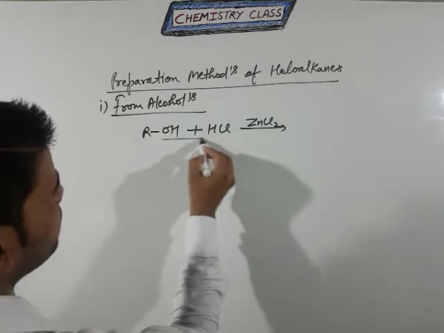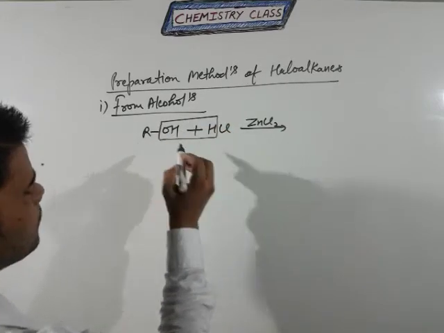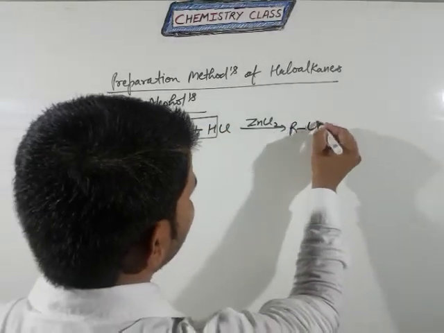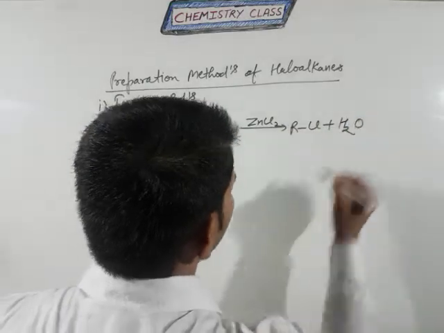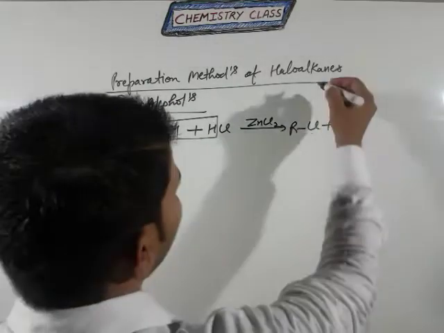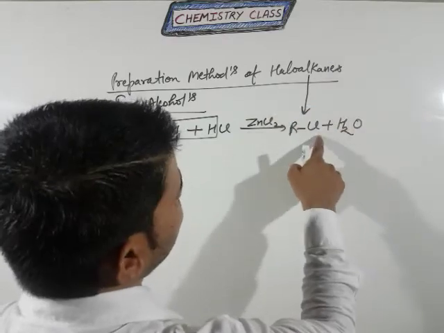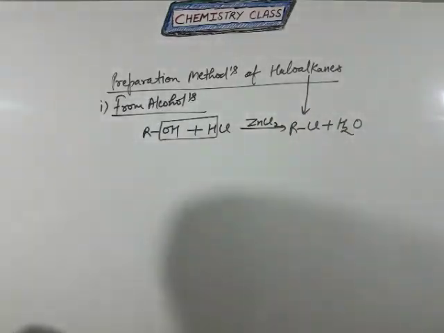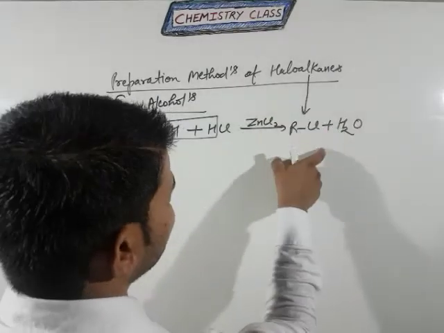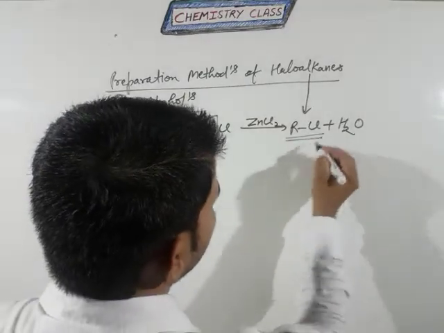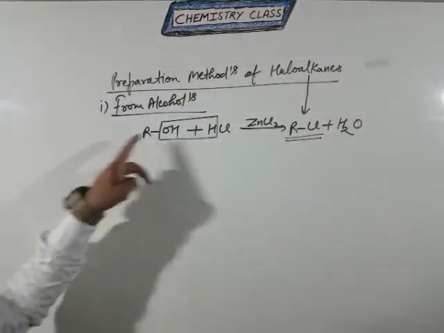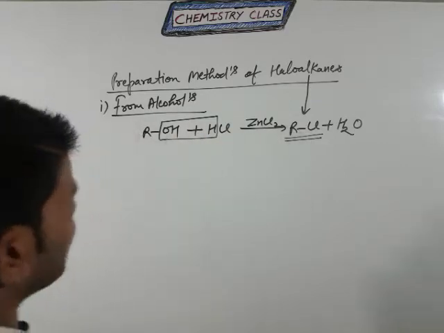The reaction gives RCl plus H2O. For haloalkanes, that means carbon bonded with halogen. That is the meaning of simple haloalkanes. So this is the preparation method of haloalkanes from alcohols.